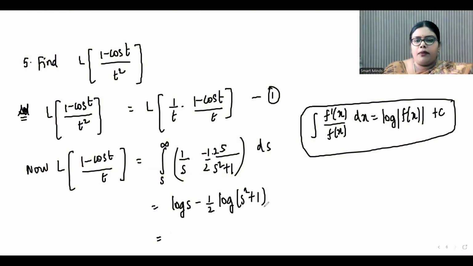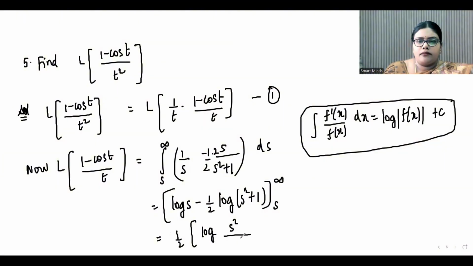Now if I apply the limits from s to infinity, what do we get? We will get 1 by 2 into log s square by s square plus 1 from s to infinity.